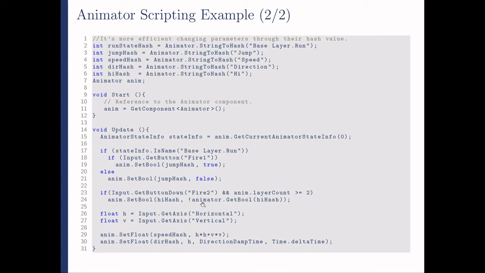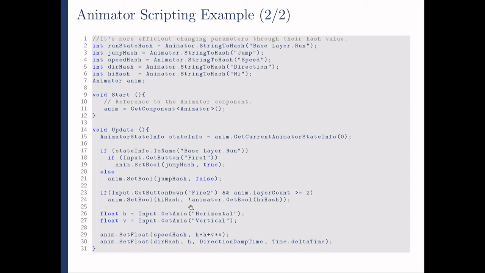This is another part of the code that plays a high animation. Imagine you have another button that you want to capture. When you press this button, you are going to play an animation, high, that allows you to do some sort of movement with only one hand, right? This is an example of using different layers. In this case, it is double checking that you actually have at least 2 layers, because the other layer is going to be playing this hand waving animation.